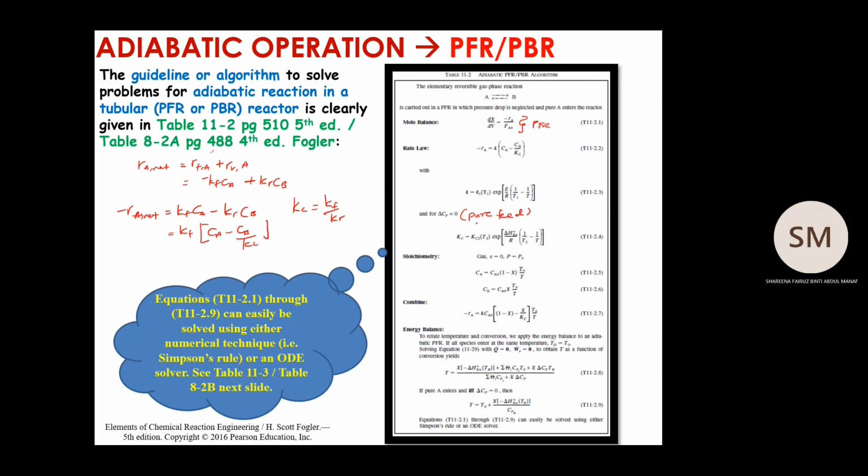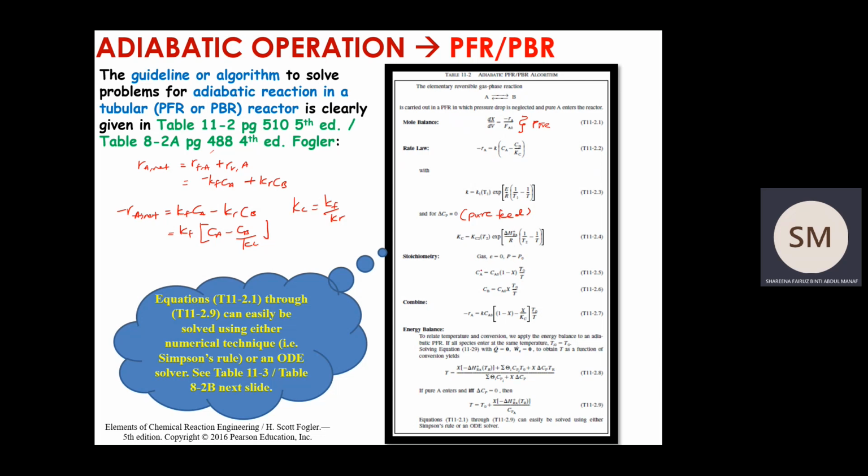This one is the rate constant for the irreversible reaction, and this one is for the reversible, where we have a delta H of reaction. For the gas, epsilon is 0 since pure A enters, and P is equal to P0 because pressure drop is neglected.